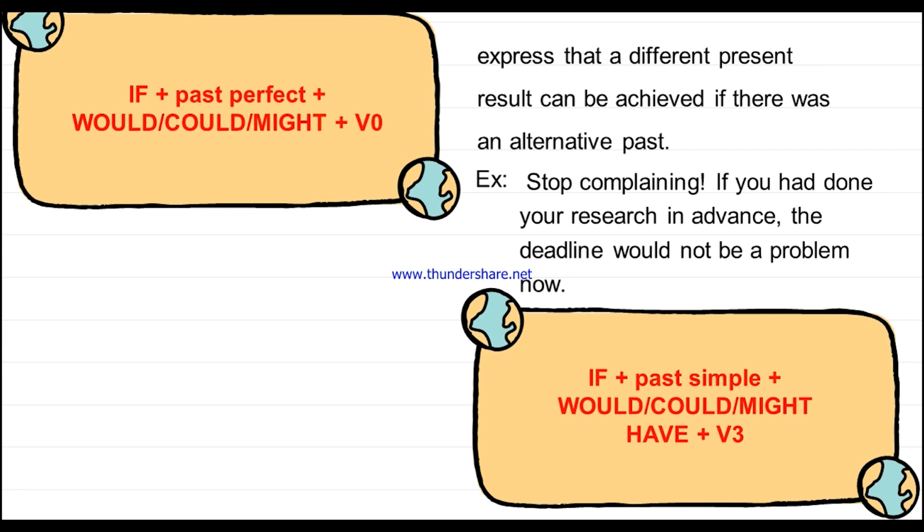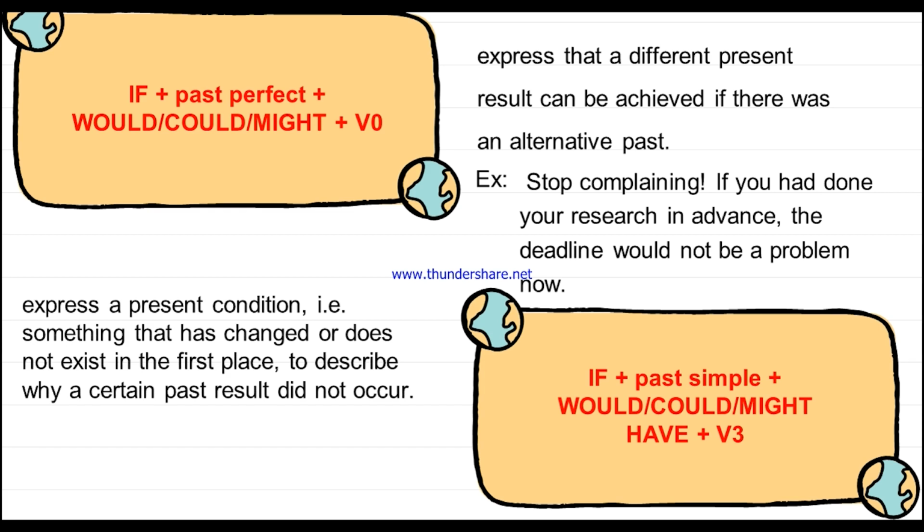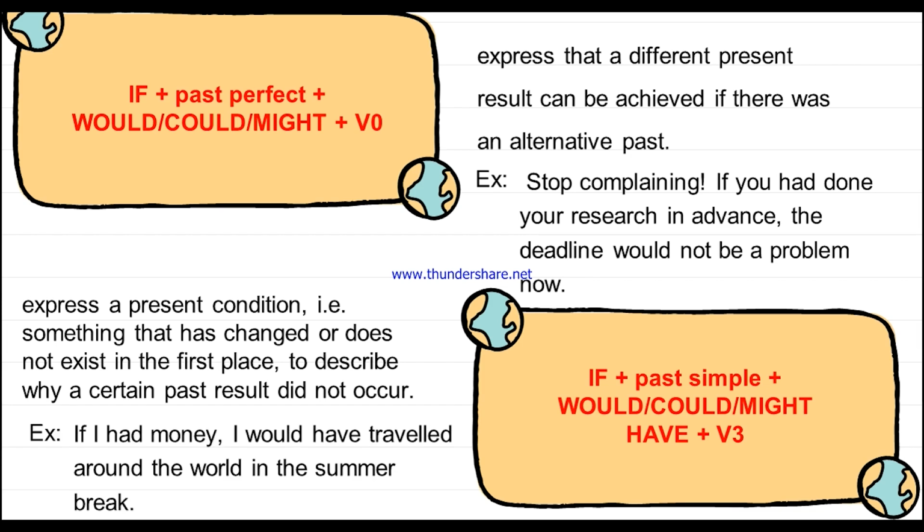And the first one is used more commonly than the second one. The second one is if plus past simple plus would, could, might have plus verb 3. And it is used to express a present condition, like something that has changed or does not exist in the first place, to describe why a certain past result did not occur.